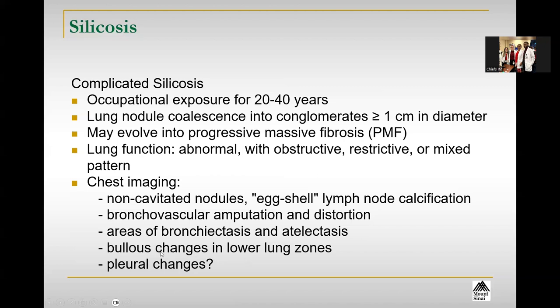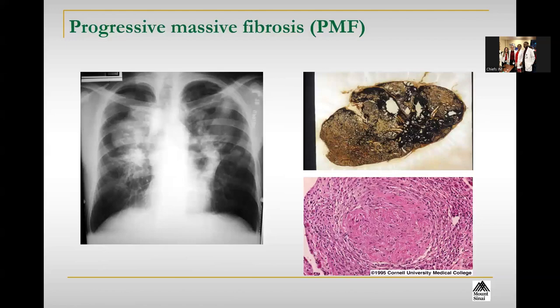People tend to be fairly symptomatic. And because of the traction of the lung upwards towards the upper lobes, there are bullous changes, usually in the lower lung zones, that look like blebs, like the ones that you see in severe emphysema. But as I said, the pleural changes are usually caused by coalescence of nodules in the subpleural location.